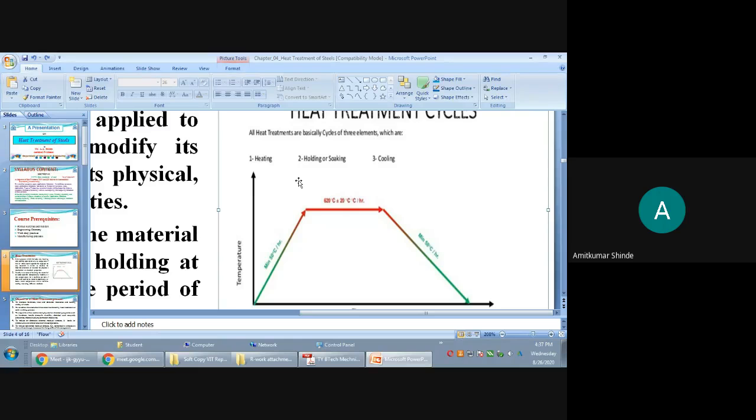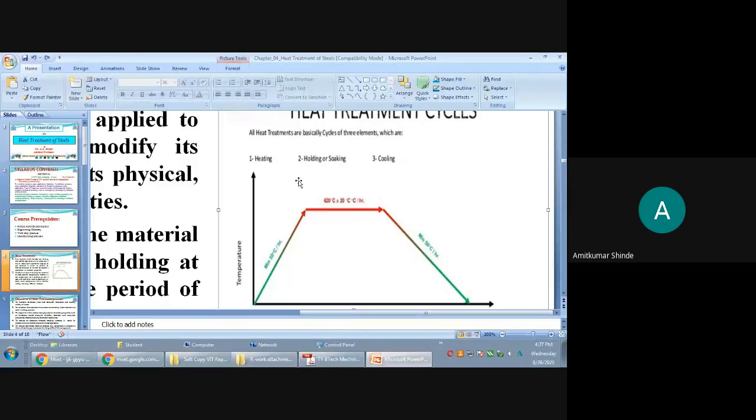Now, any heat treatment process will consist of three cycles. First will be the heating cycle, then second is the holding time or soaking time, also known as the holding cycle or soaking cycle, and the third process will be the cooling cycle. Now here, the first cycle is the heating cycle. Heating means here we are taking the actual component and heating that component in the furnace.